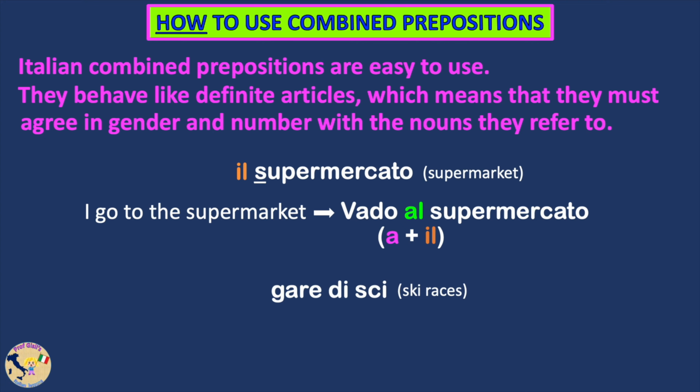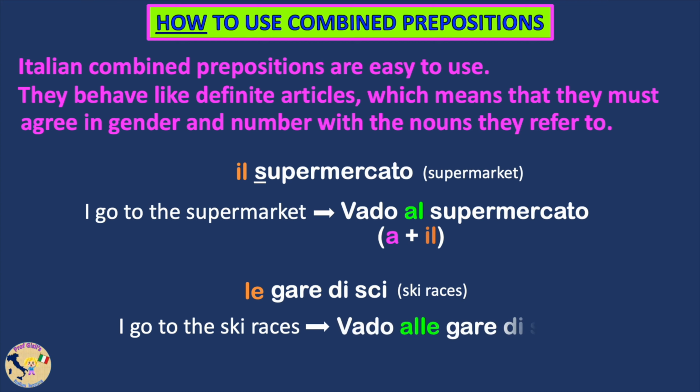Therefore, the only definite article that can be used in front of it is the plural feminine article le. Because of this, the sentence "I go to the ski races" must be translated as vado alle gare di sci, where alle is the combined preposition obtained by merging simple preposition a and article le.